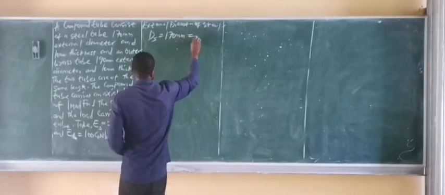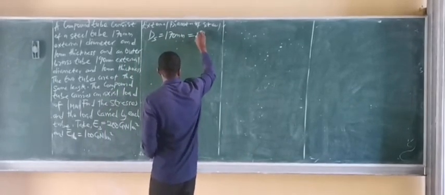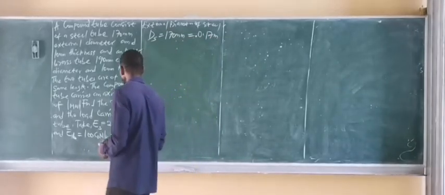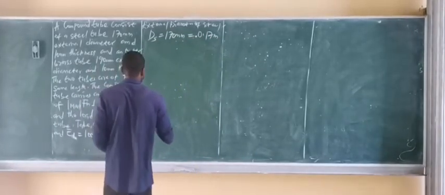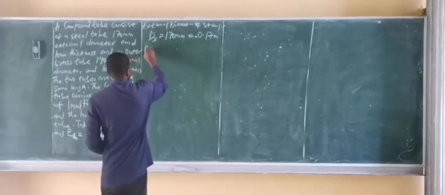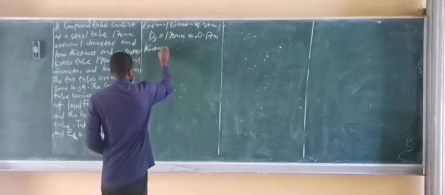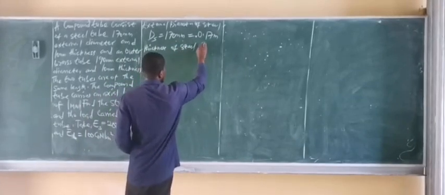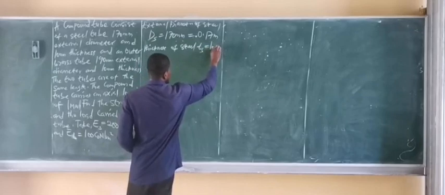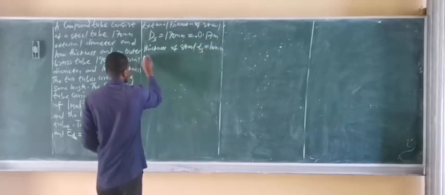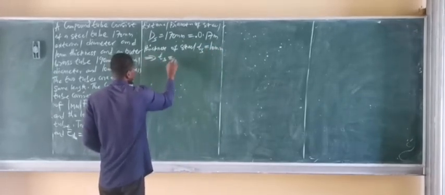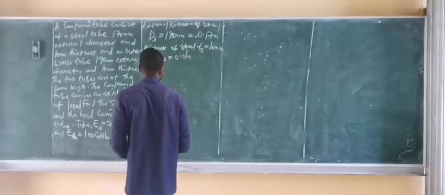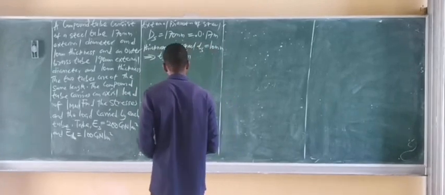To convert this to meters, we have 0.17 meters, that's simply divided by 1,000. And 10 millimeter thickness, so thickness of steel, call it TS, is 10 millimeter. Converting it to meters, we have thickness of steel equal to 0.01 meters.